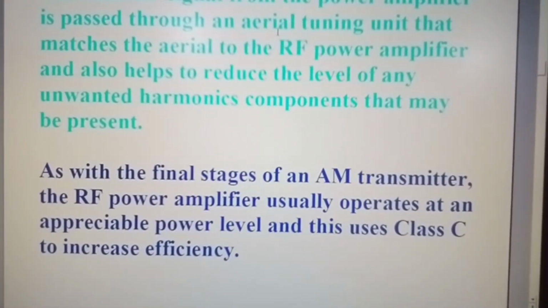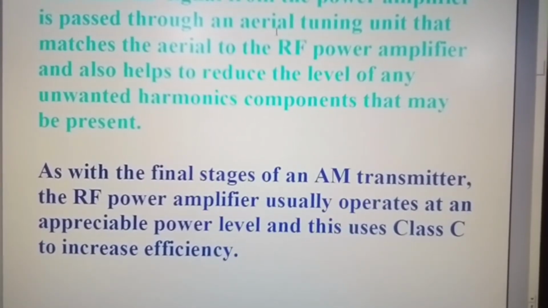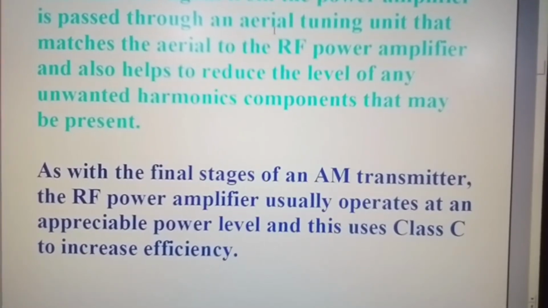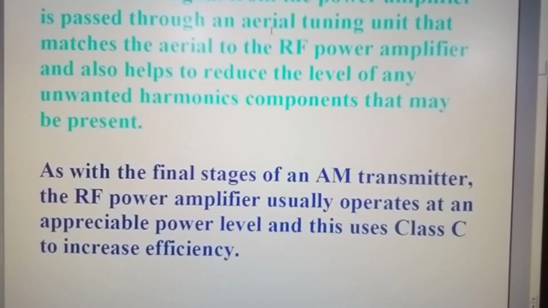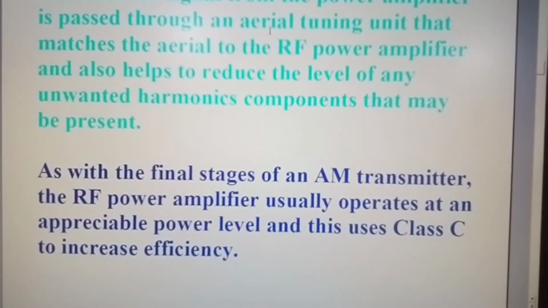As with the final stage of an AM transmitter, the RF power amplifier usually operates at an appreciable power level, and this uses class C to increase efficiency.